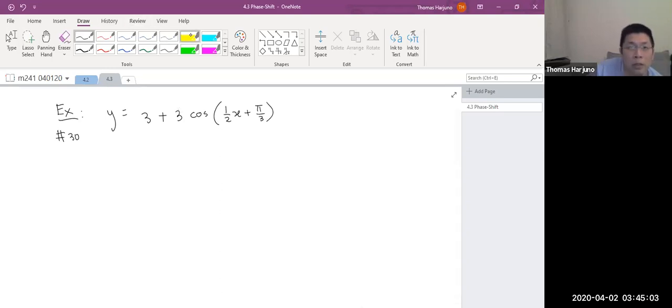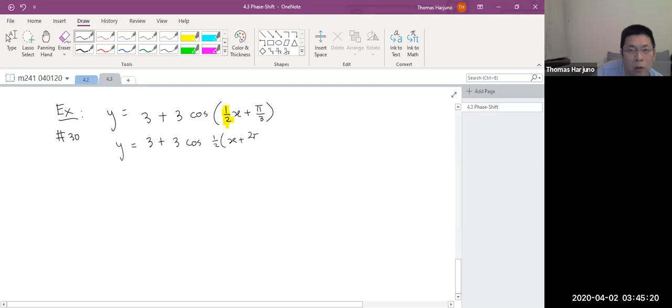The problem is this 1/2 is still inside the parentheses. I need to factor that 1/2 out. So y equals 3 plus 3 cosine 1/2 of x plus 2 pi over 3.